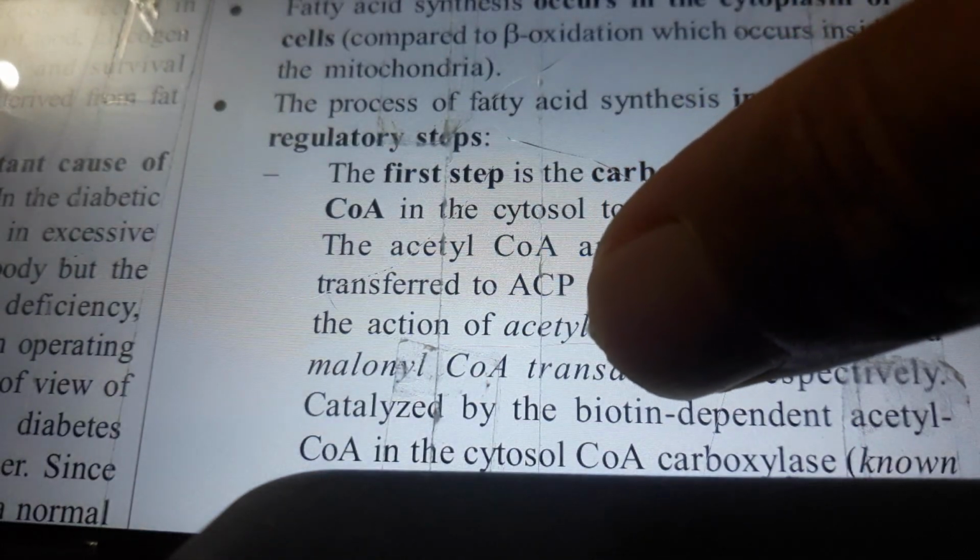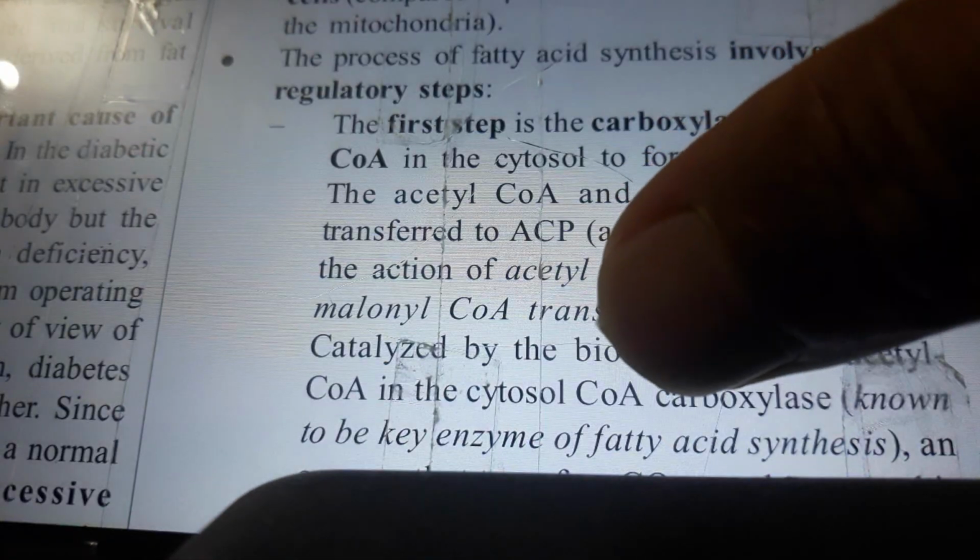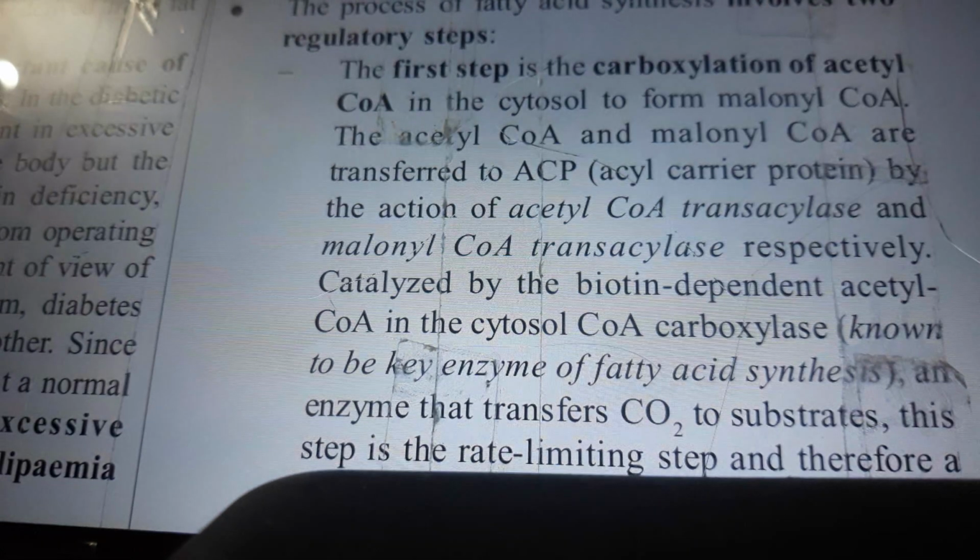The process of fatty acid synthesis involves two regulatory steps. The first is the carboxylation of acetyl-CoA in the cytosol to form malonyl-CoA.